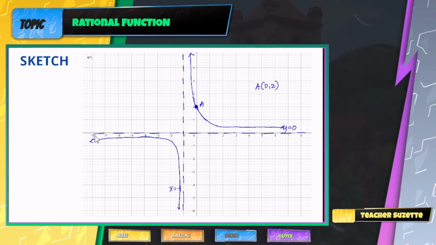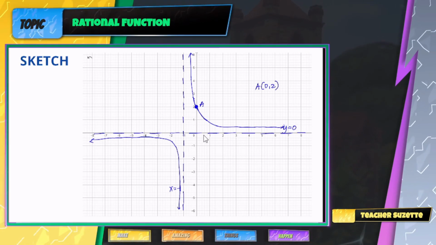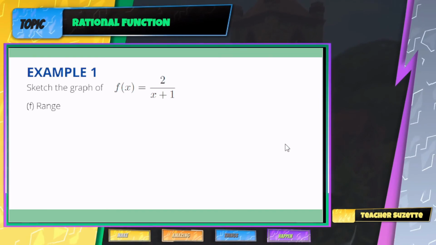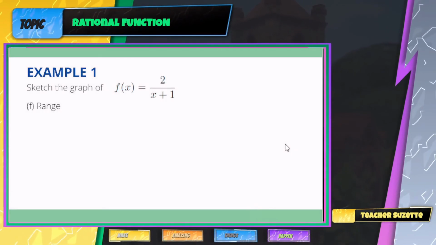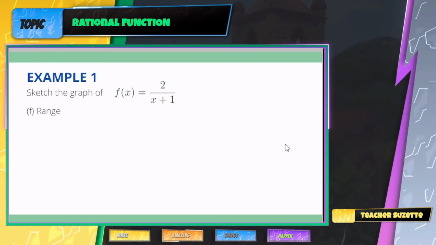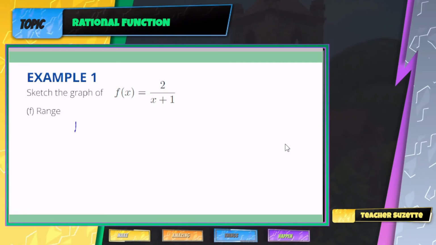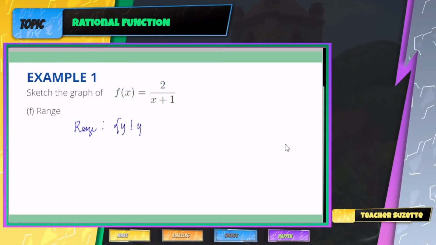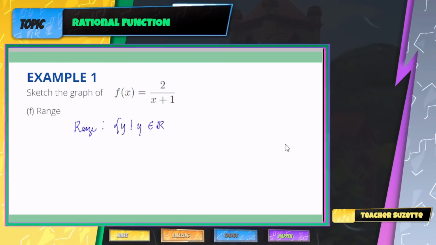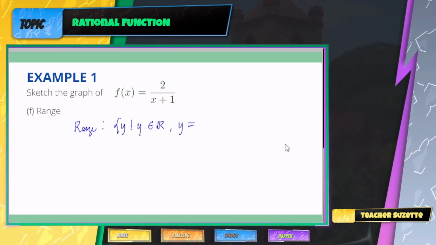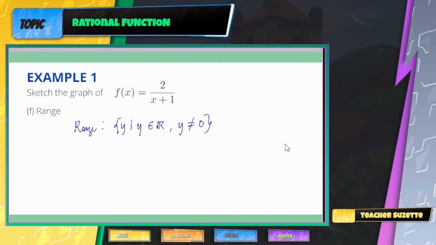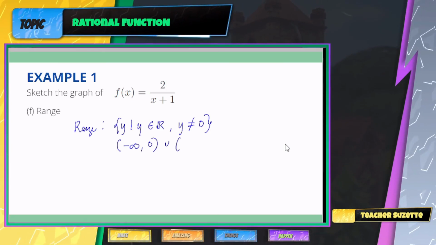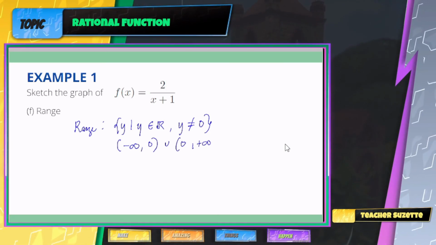You will notice it gets closer and closer to y equals 0. Therefore, the range of this function is y such that y is an element of the real numbers where y is not equal to 0, or negative infinity to 0 union 0 to positive infinity.